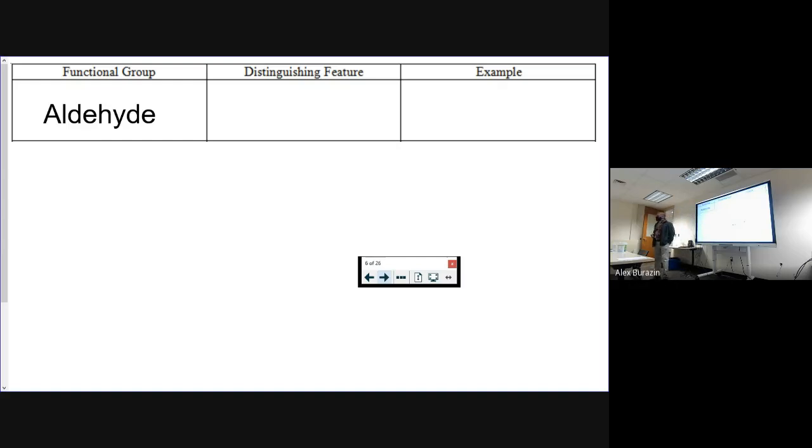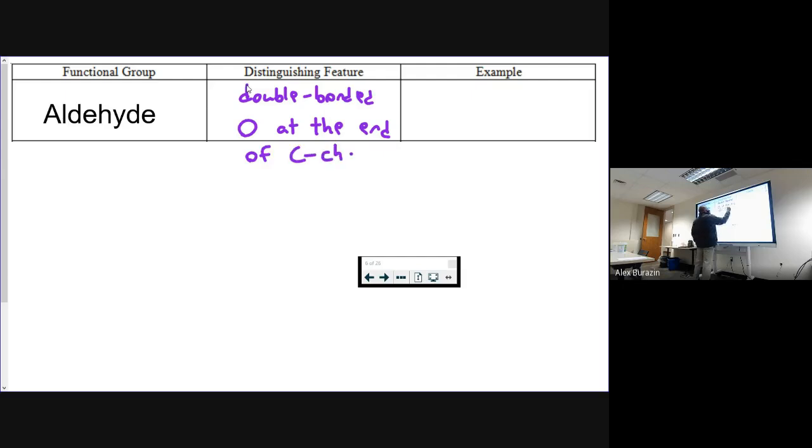Aldehyde. This is a doubly bonded oxygen at the end of the carbon chain. So you'll notice, as you've noticed already, almost everything starts with a carbon chain, right?